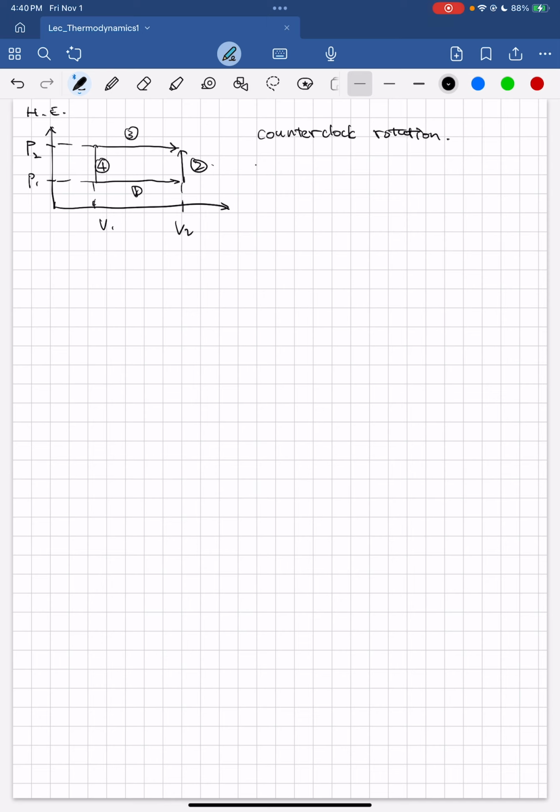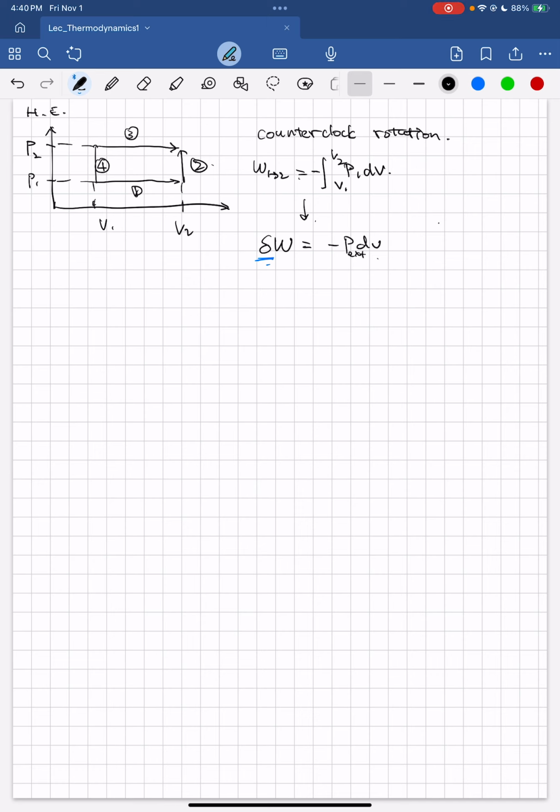Okay, so work 1 to 2 is, as we talked about, we can integrate like this, V1, V2. You can see how we got this, right? Because as we talked about before, delta W equals minus PdV, external.